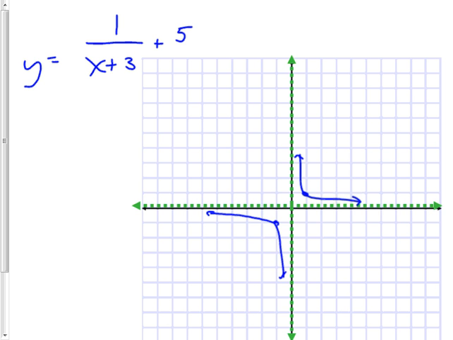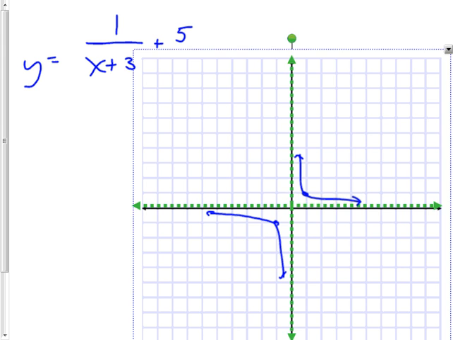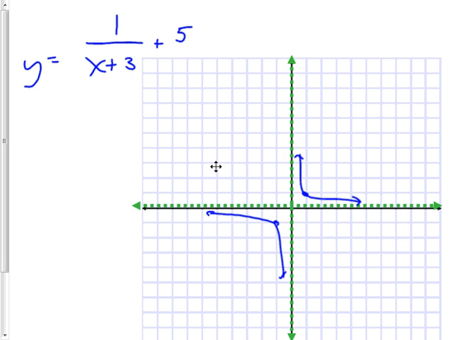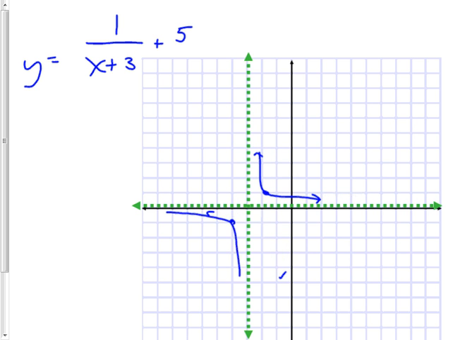Okay. Now I'm going to move it. I'm going to move it 3 to the left. Notice that's going to take this asymptote. Oopie, better lock this in place. Locking, lock. And then I can move this alone 1, 2, 3 spots to the left. And then I should grab this and move it 3 spots to the left. And move this 3 spots to the left.